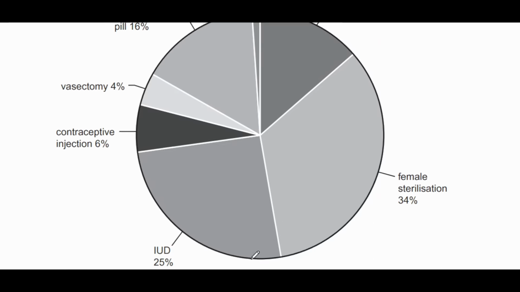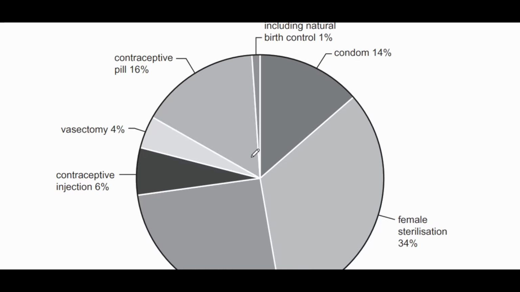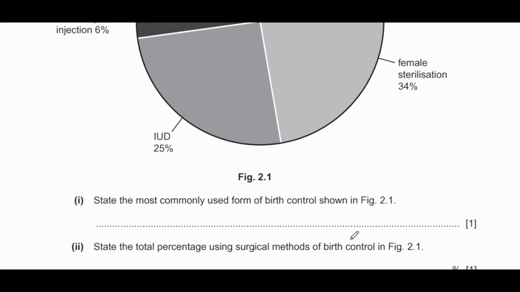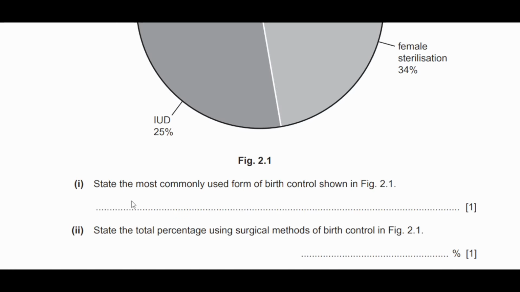So this one quite simply, which slice of the pie has the highest percentage would be this one, 34%. Okay, female sterilization. So therefore, question 2A(i) would be female sterilization.